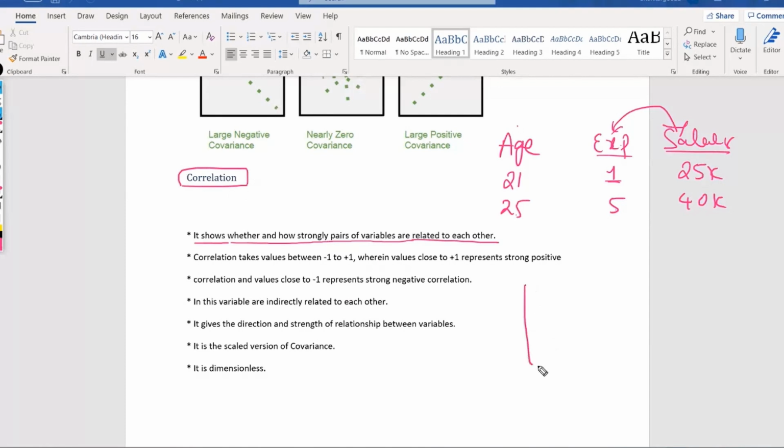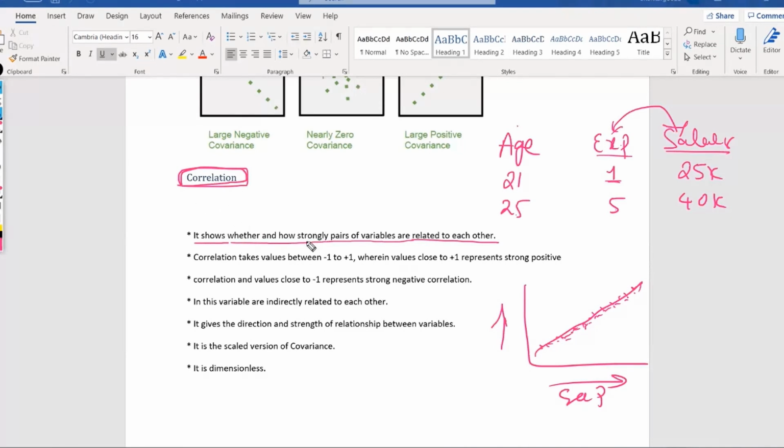As and when my experience increases, is my salary increasing? Or are all the data points lying very close to this best fit line? If they are very closely associated, then we can say that it's very strongly correlated. That kind of relation, the correlation will be able to explain to us.